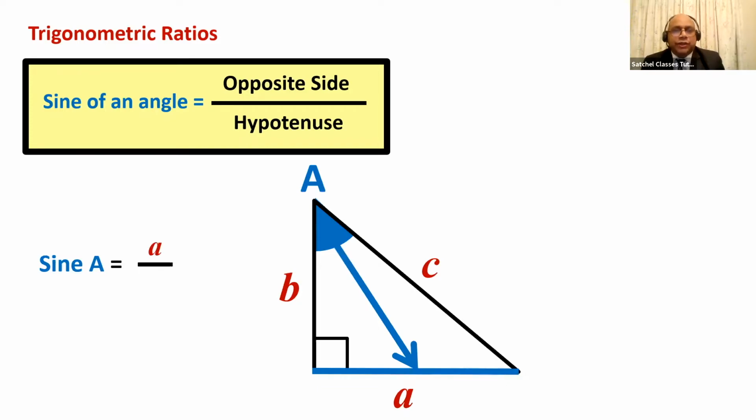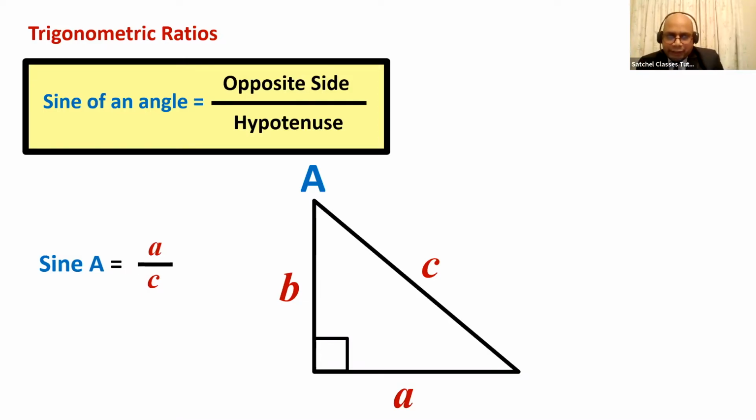So that goes in the numerator. And the hypotenuse of the triangle is c. That goes in the denominator. So sine of angle A is given by the length of side a divided by length of side c, the ratio of the opposite side to the hypotenuse.